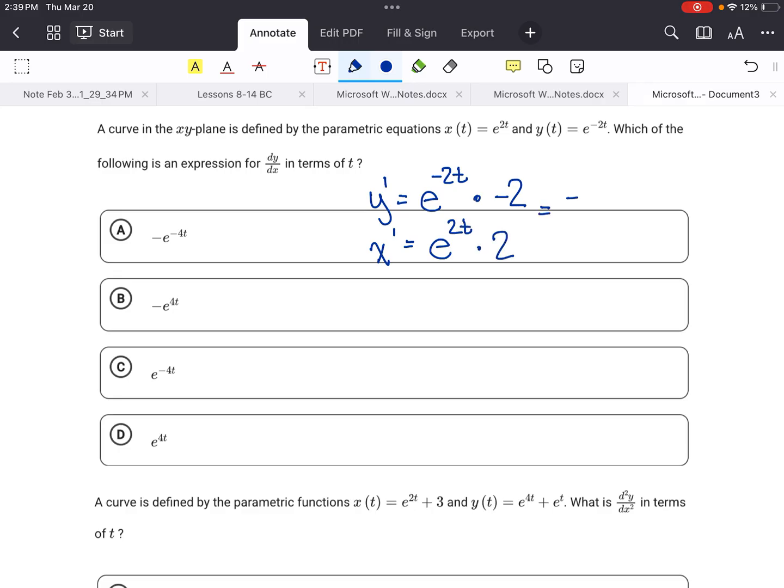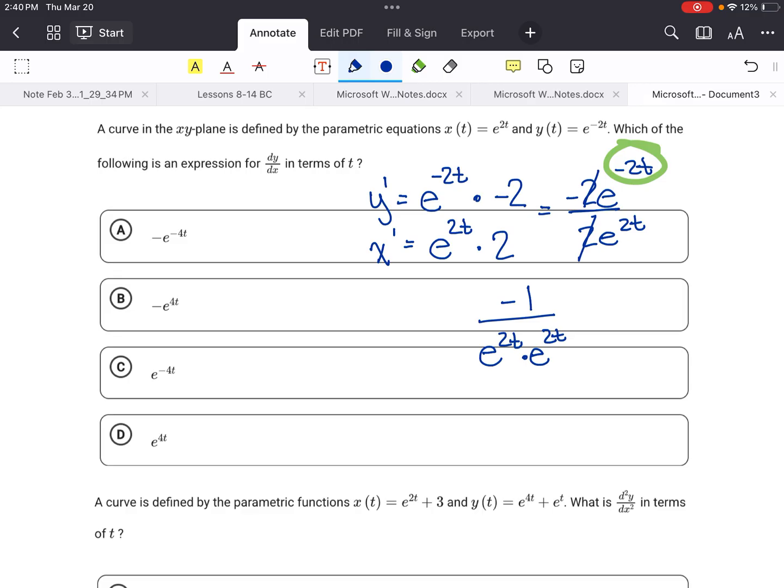So I get negative 2e to the negative 2t over 2e to the 2t, so the 2's can cancel out. So when I have something that has a negative exponent, then I know I can flip that and put it on bottom, so that e to the negative 2t can go to the bottom.